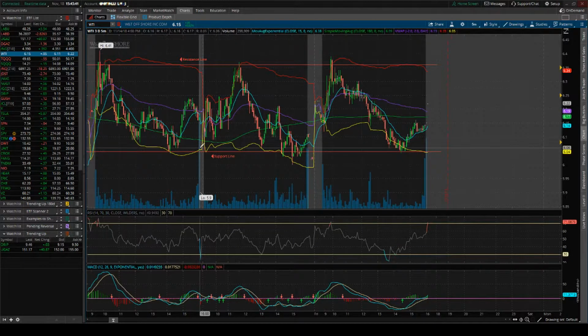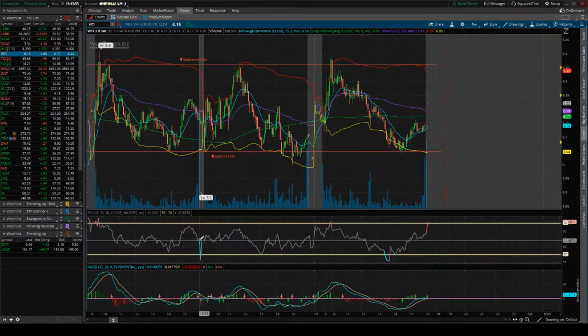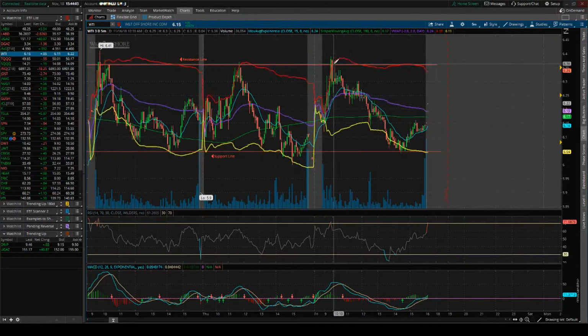So, if you look at right here, for example, if you were to buy somewhere around this area, the relative strength index is showing blue. It's saying from just this one indicator alone, now would be a good time to buy into this stock.